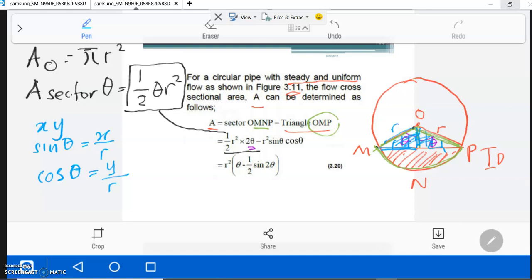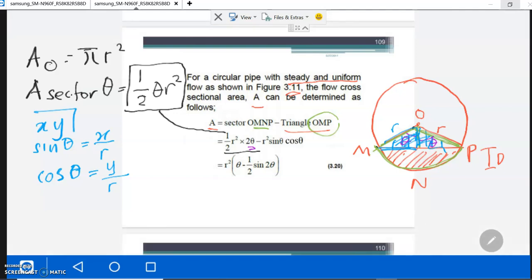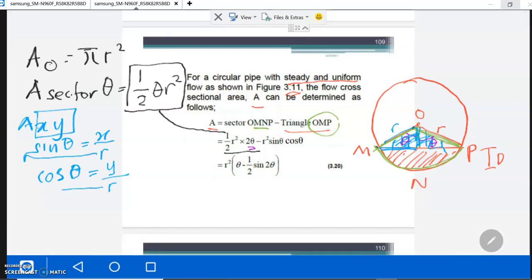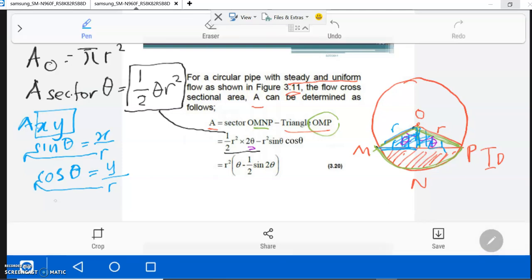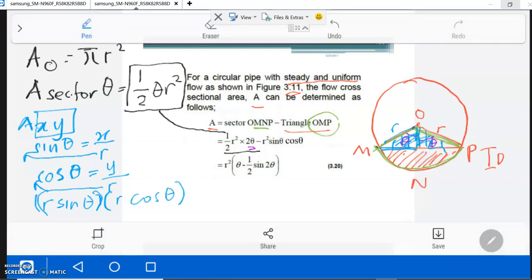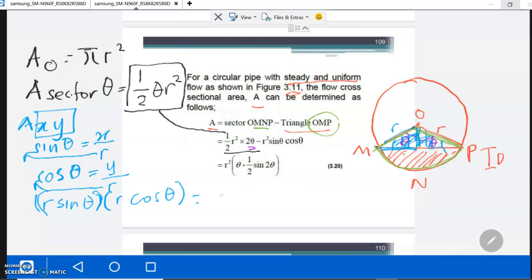So therefore area for triangle is x times y. So x is r sin theta times y, y is r cos theta. So that is area for triangle. So kita simplifikan dia, so we get r square sin theta cos theta.